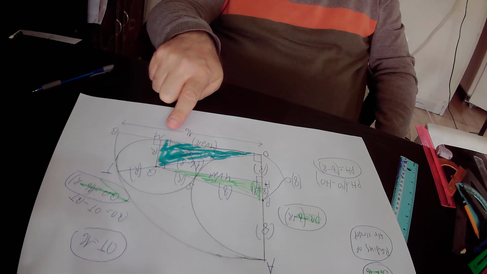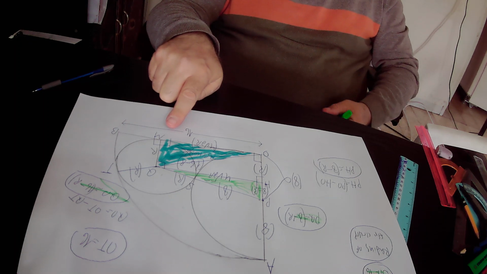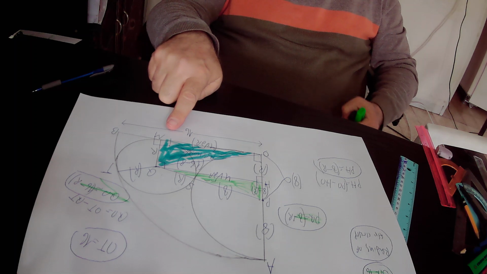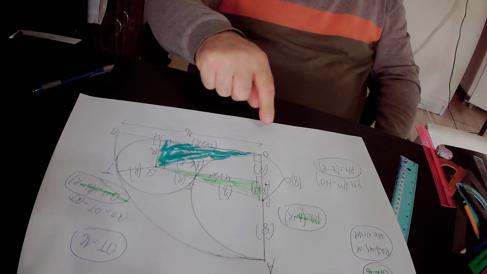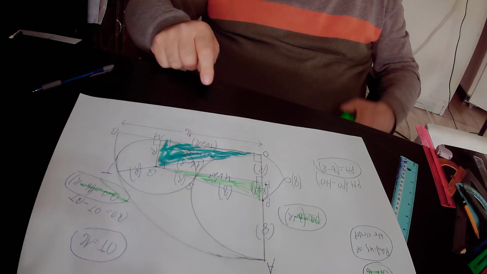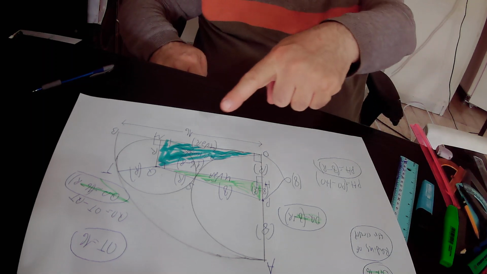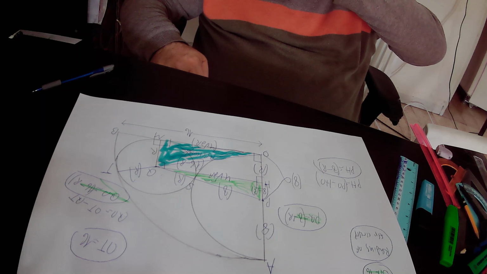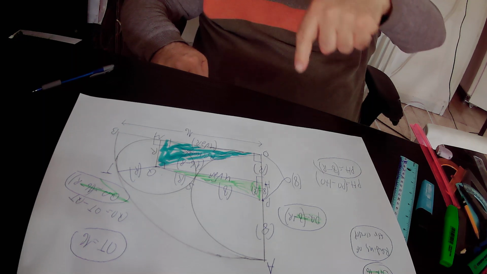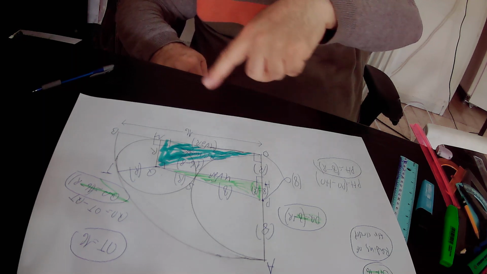A tangent to a circle is perpendicular to the radius drawn to its point of tangency. So this angle equals 90 degrees. Therefore, the blue triangle QOM is a right triangle.